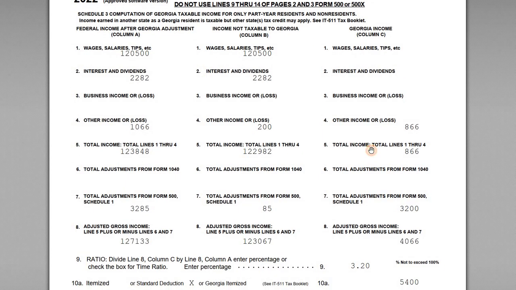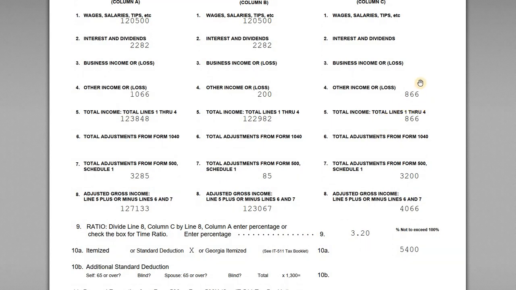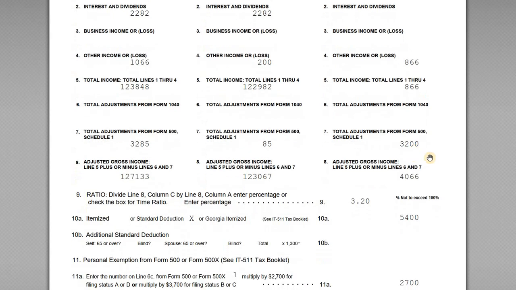It's a 0. The only items that are populated here are the $866 of net income from the rental property, and then the adjustments related to the depreciation. So the $3,200 increase, that's the $4,000 adjustment upwards for bonus, and then subtracting the $800 of actual depreciation you can claim.